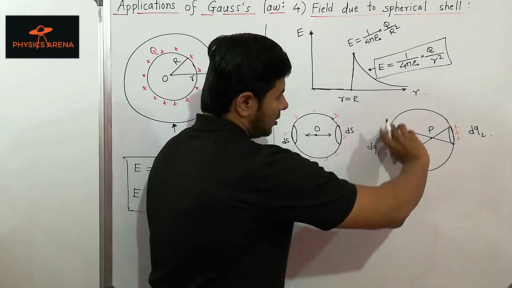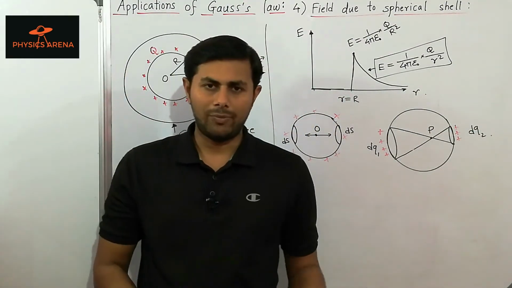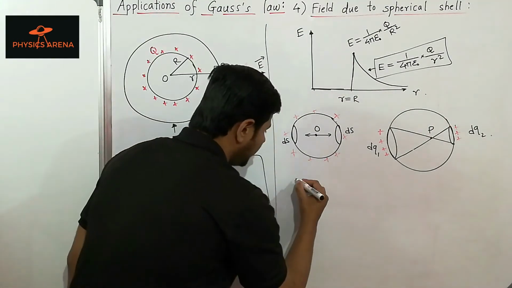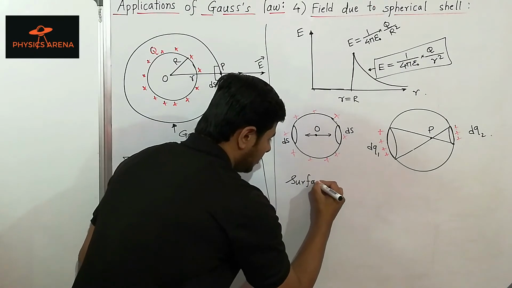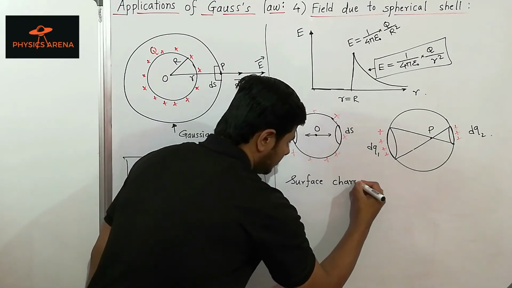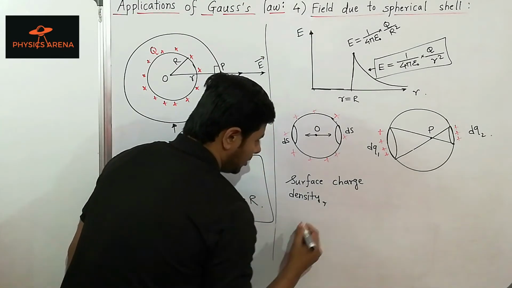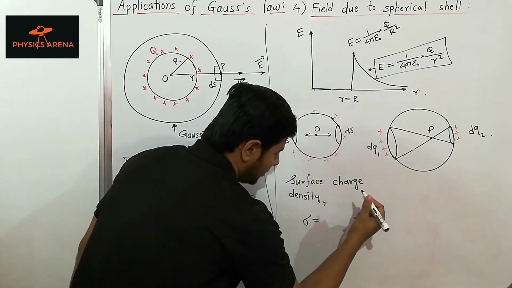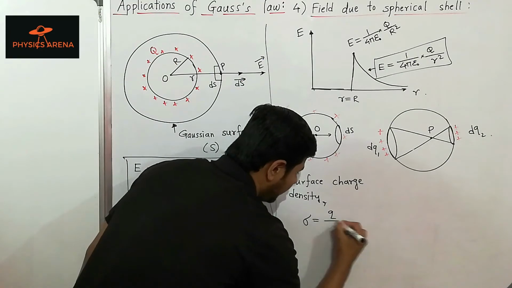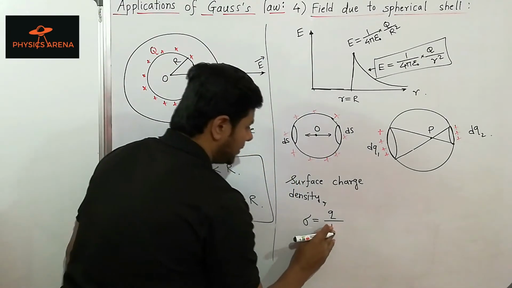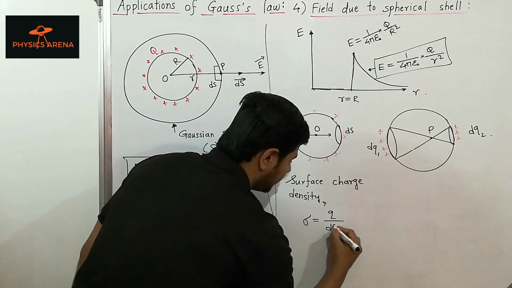But this spherical shell is uniformly charged, so we can define a quantity called surface charge density, sigma, which is charge divided by surface area. So let's say Q divided by ds.